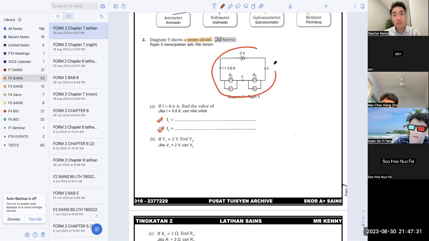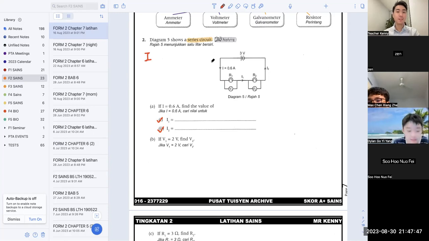Look at this one. Who is the master current? What is the value of the master current? Master current always comes out from the battery. What's the value? Hello, hello.